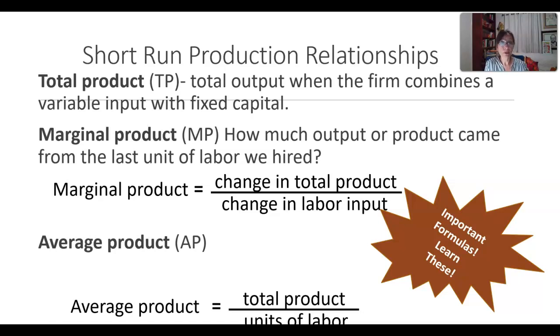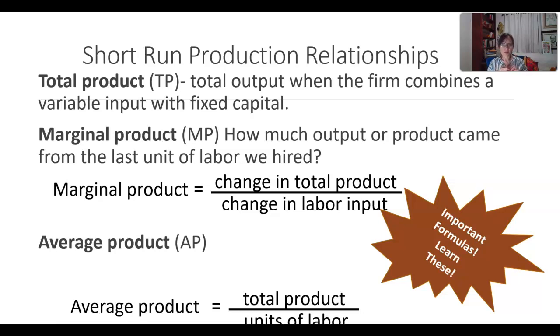That's total output when the firm combines a variable input with fixed capital. How much is being made? The next concept is called marginal product. How much output or product came from the last unit of labor that we hired. Marginal product is the change in total product divided by the change in the labor input.